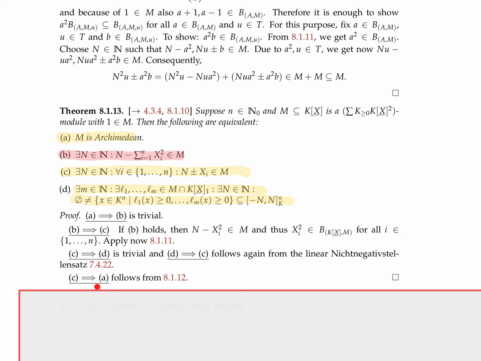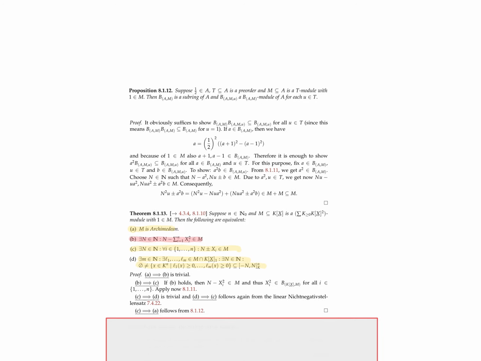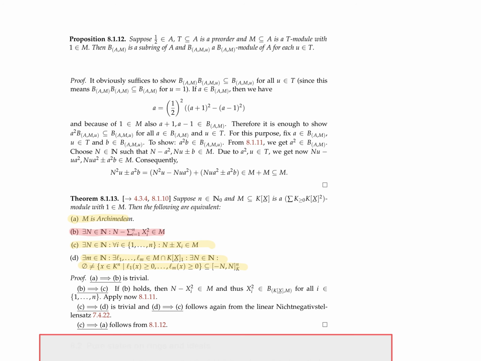And from C to A, if you have now this cube condition, why do we have Archimedeanity? Archimedean means that B_M is everything, but we know from 8.1.12 that B_M is a subring, right?